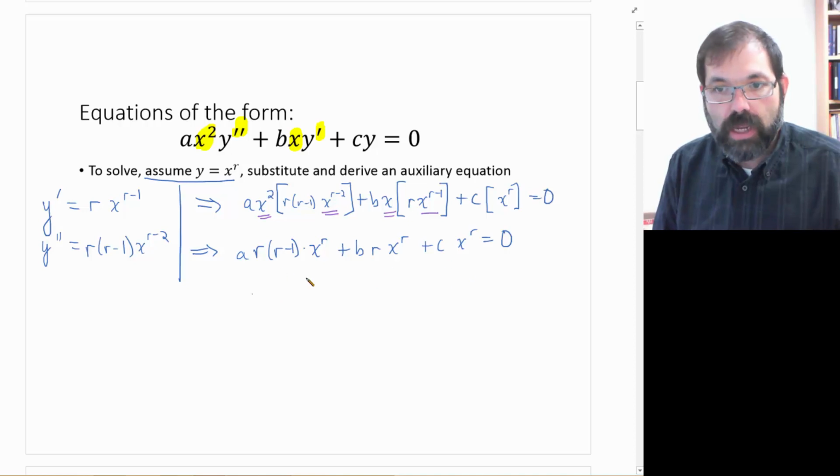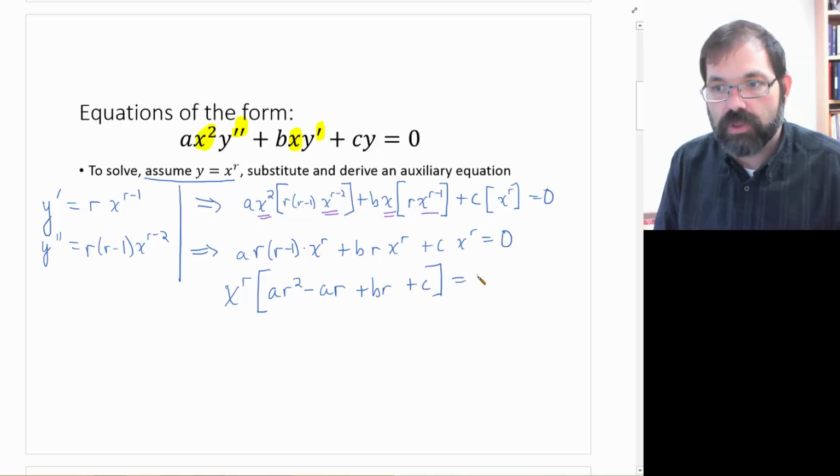So notice now I can factor x to the r out. And let's see, simplifying, I have ar times r minus 1, so that would be ar squared minus ar. And then I have plus br, and then plus c. And we need this to equal 0.